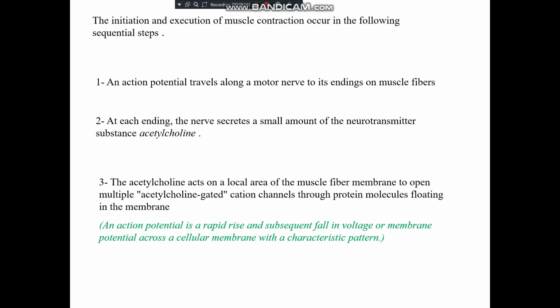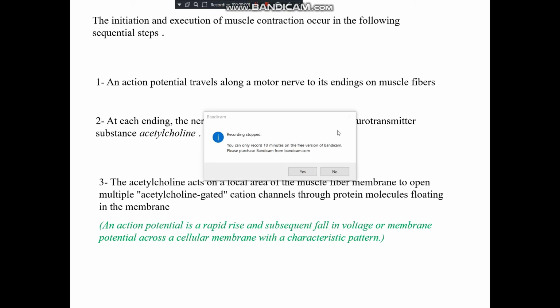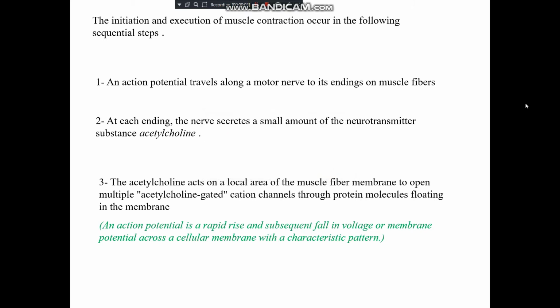The information comes from the brain or the spinal cord, that is, the action potential travels along the motor nerve from the central nervous system. And this information through the nerve endings enters the muscles. So this action potential through the motor nerve endings reaches the muscle fiber, requesting the muscles to contract.